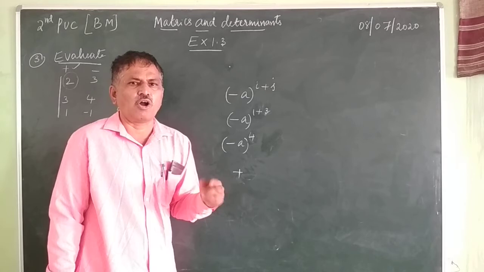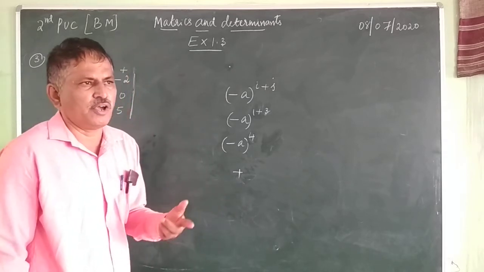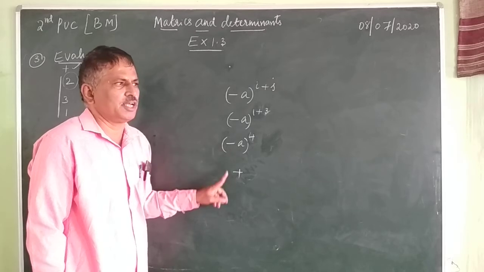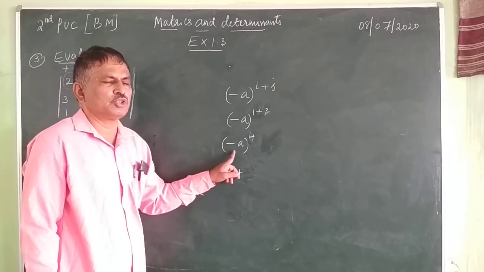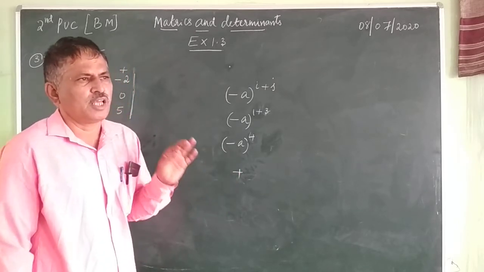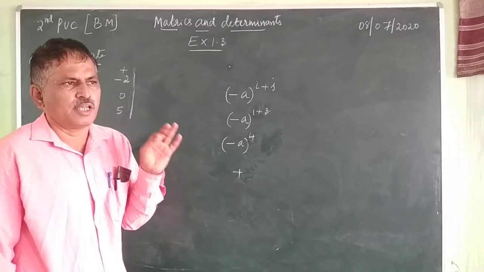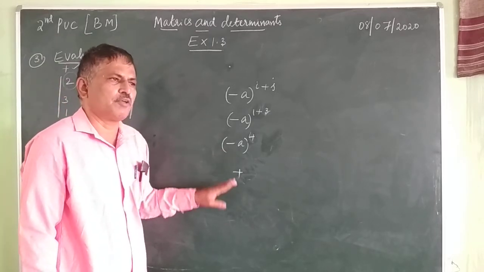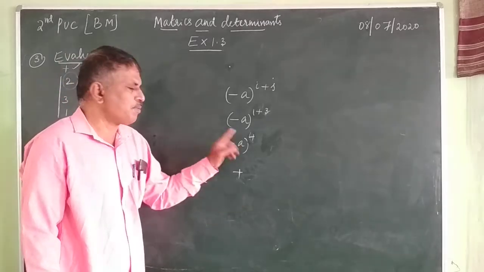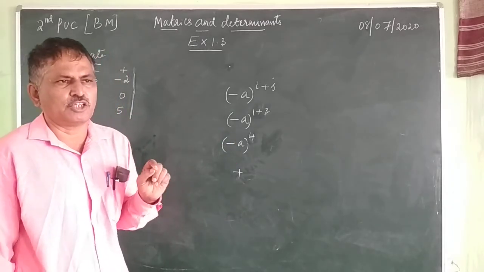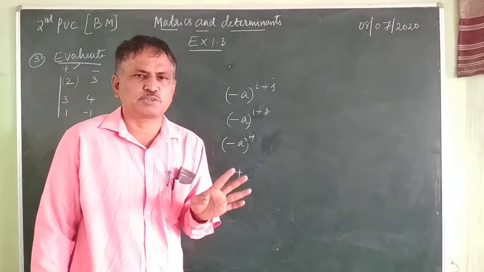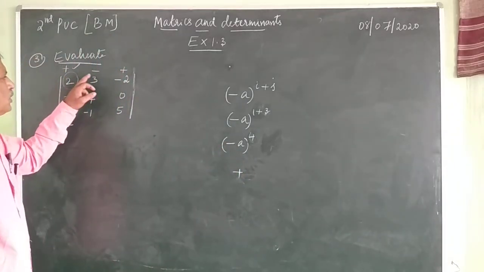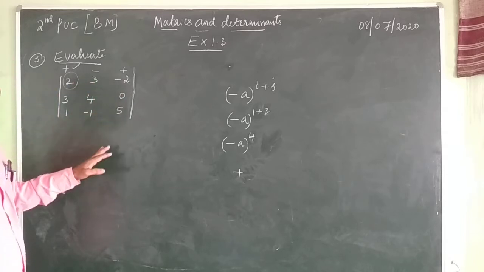If the power is an odd number, like 1, 3, 5, 7, a negative sign stays negative and a positive sign stays positive. Based on that, we give plus, minus, plus signs for the other terms also.